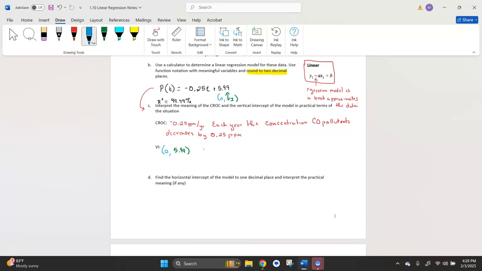So we would say, not each year, but in 1990, there were 5.99 parts per million of CO pollutants.